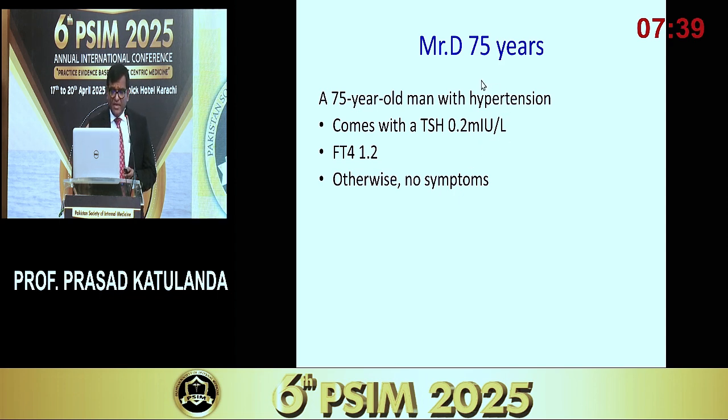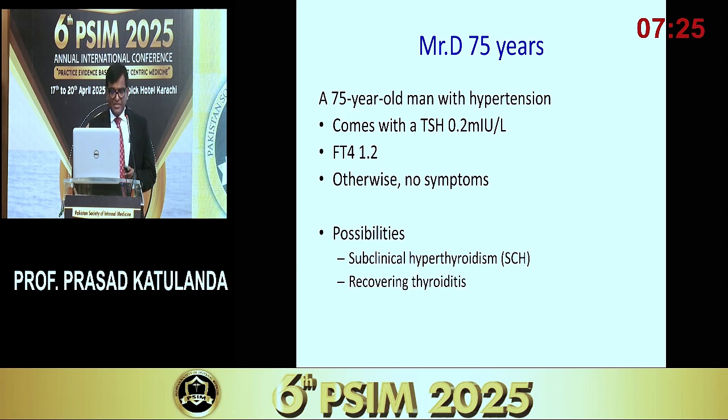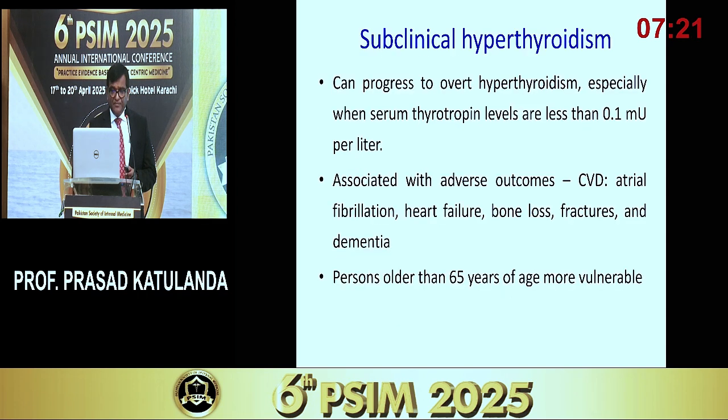Coming to the next scenario, an older person with hypertension comes with slightly suppressed TSH, normal free T4, no symptoms. I think everybody would know that this is subclinical hyperthyroidism, although certain other conditions can also give this pattern.